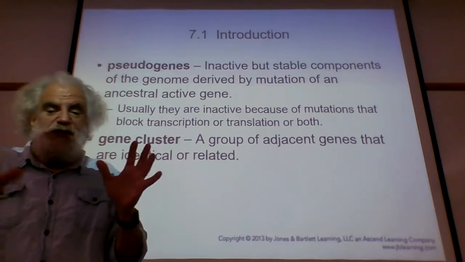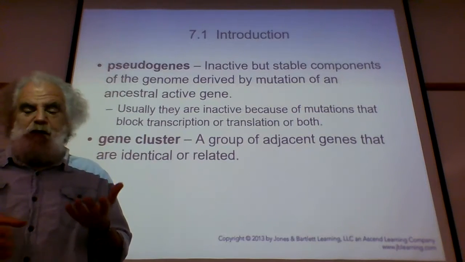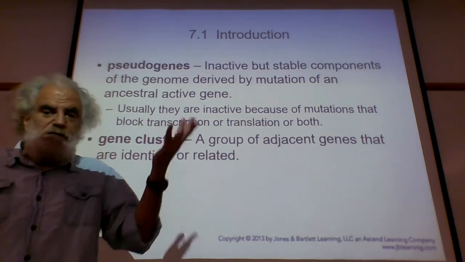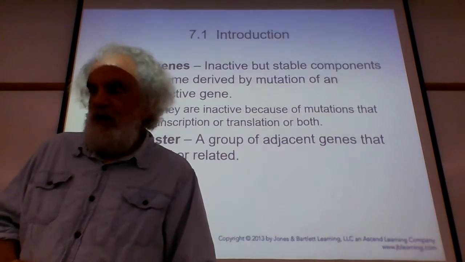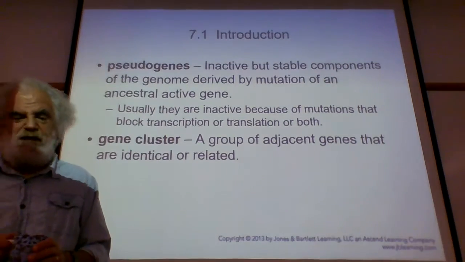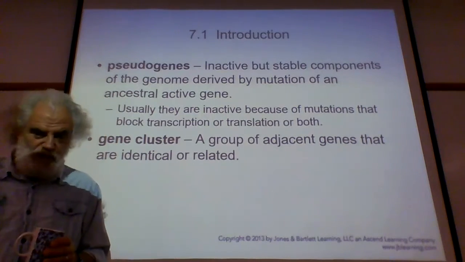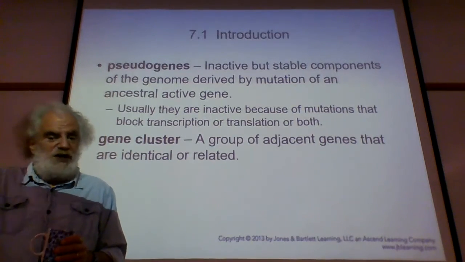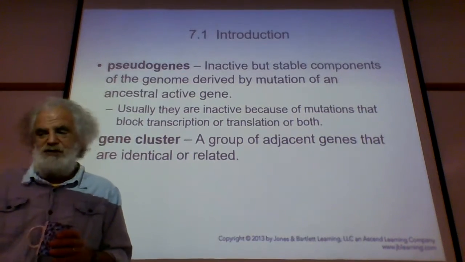They'll have maybe some kind of problem with the promoter sequence. These are inactive, but they're present in the genome, and they are not functional. So they usually are being blocked through transcription or translation, or both. And that's another example of the fact that there are these remnants of gene replications.